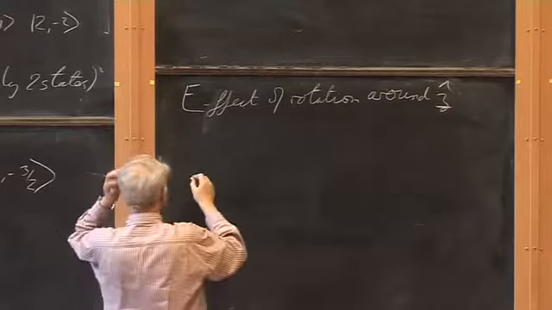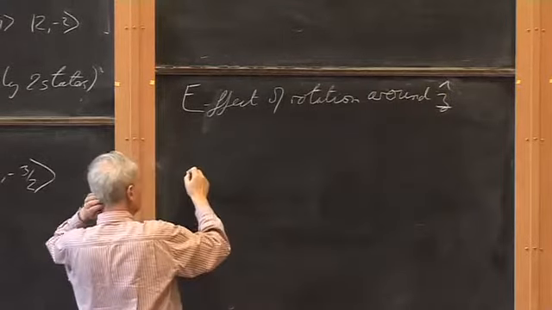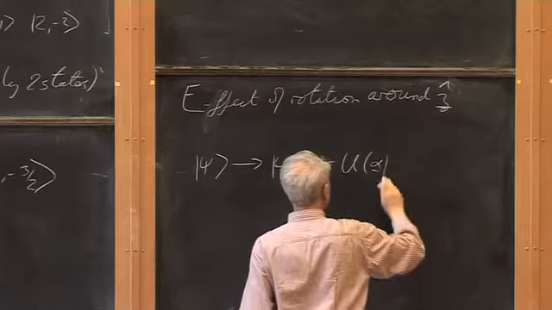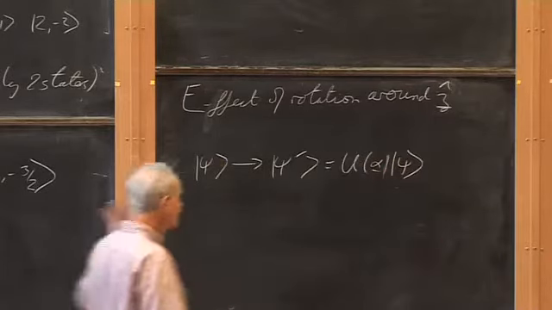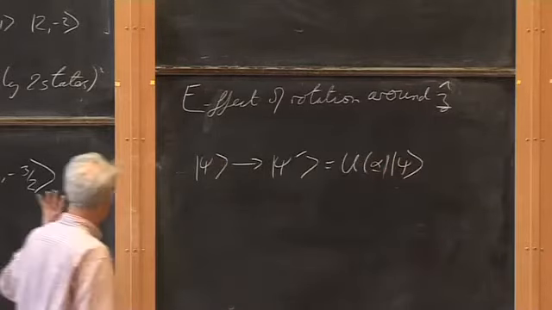So psi goes to psi primed, which is U of alpha acting on psi. These angular momentum operators came in as the things you put in an exponential in order to generate a rotation, the unitary matrix that makes you a new system, which is the old system rotated. So we want to see what we get now.